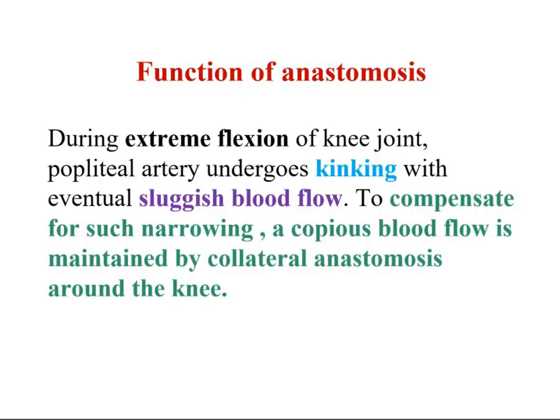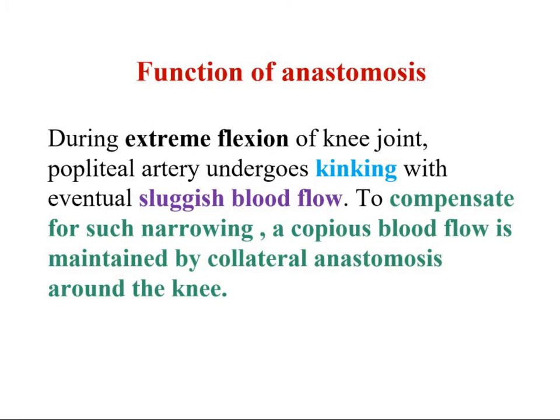Okay. Then what is the function of this anastomosis? Why do we need to have this anastomosis? This is very important, commonly asked in your vivas. During extreme flexion of the knee joint, the popliteal artery undergoes kinking, which eventually leads to sluggish blood flow. The blood flow will decrease.